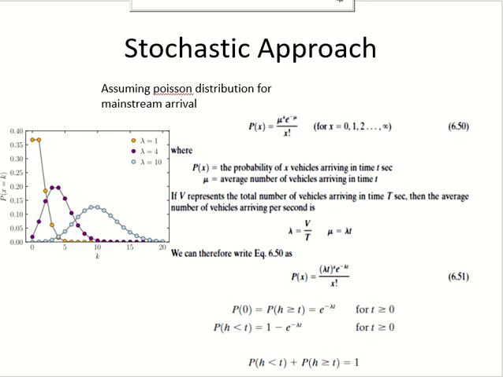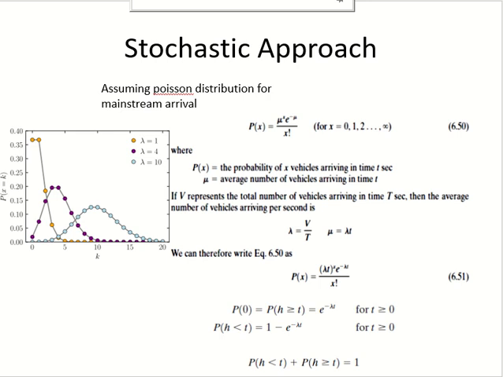So you can replace mu with lambda times t, and this is the equation where you are looking to find the probability of x. What is x? Number of cars, number of vehicles, flow. Number of vehicles in how much time? Time small t. Got it? So this is the equation.